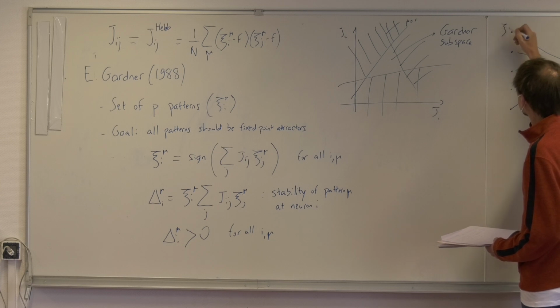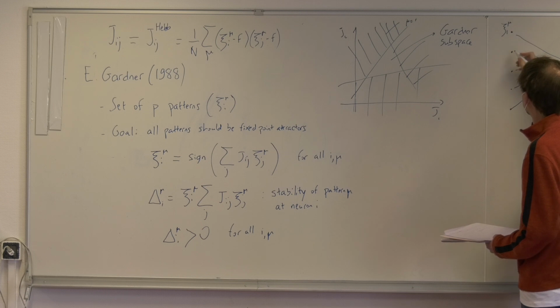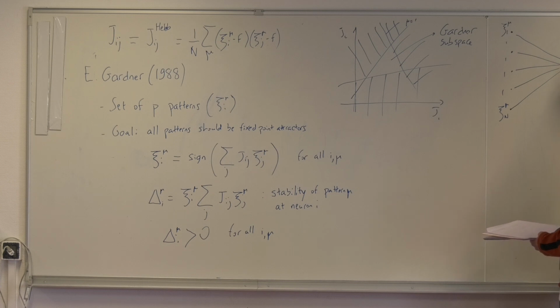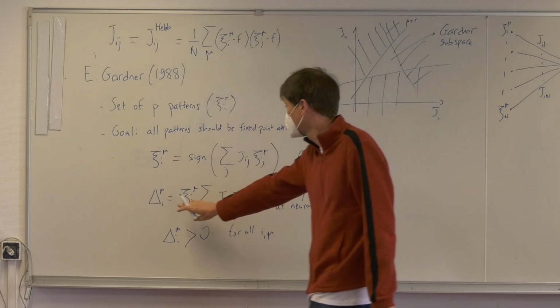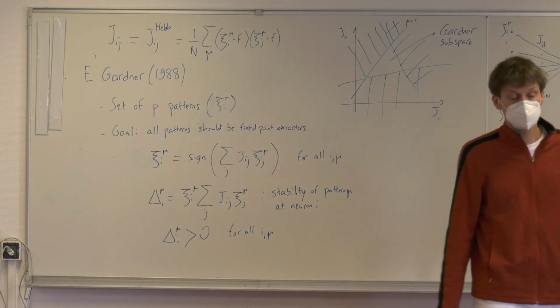So here you have psi 1 mu up to psi N mu. And for all these patterns, this particular neuron should have the right state in that pattern, which is given by psi I mu. Then it has its synaptic weights, J_i1 up to J_iN. It has to find the vector of weights that satisfies all the constraints delta I mu positive.